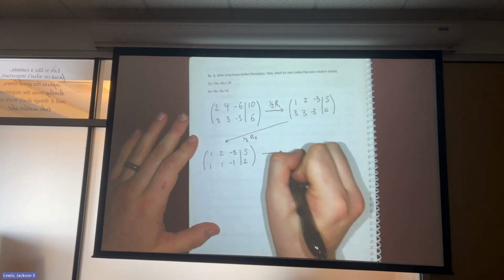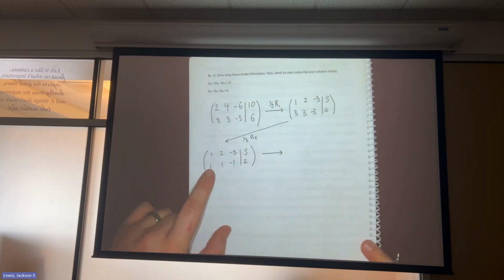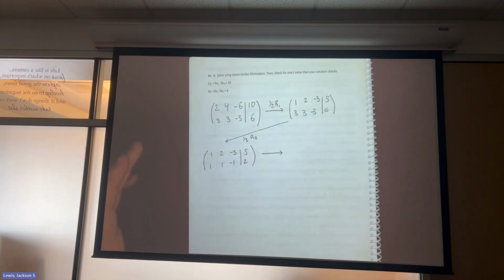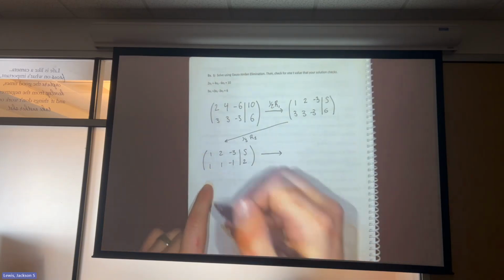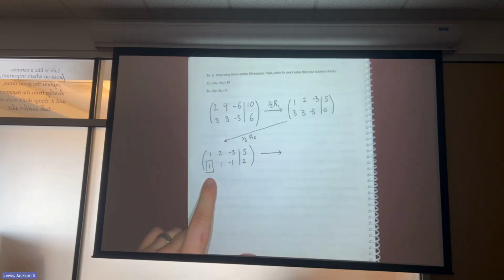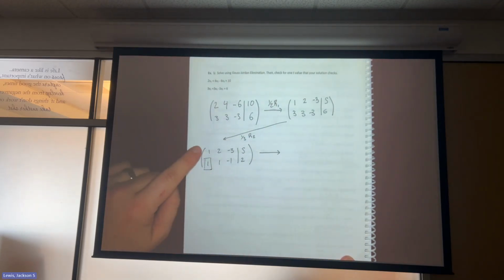Then, remember, our goal is to get a 1 here and then a 0 here. That's what the row echelon form tells us. So how can I do something here to get this first thing to be a 0? What can I do using this top row? Liam? Subtract.